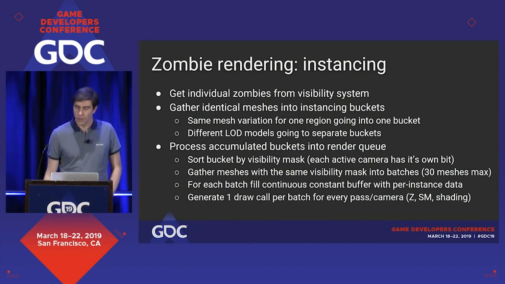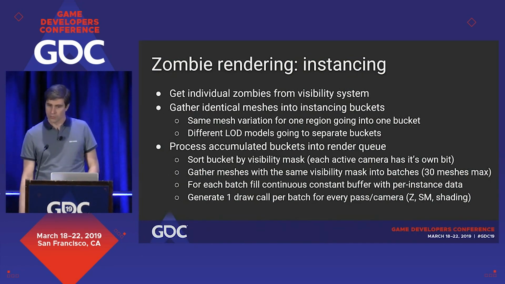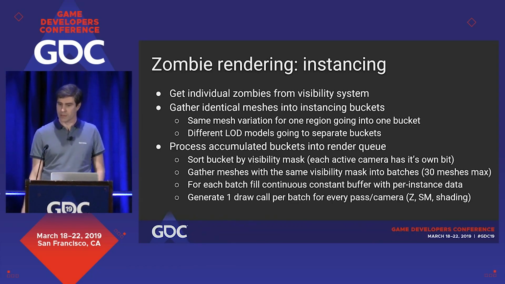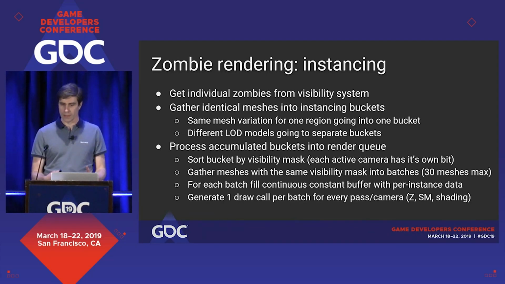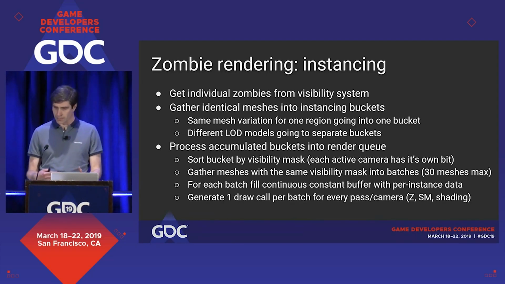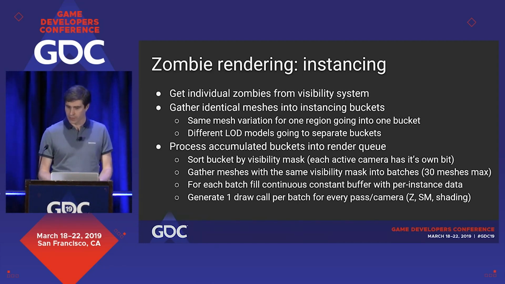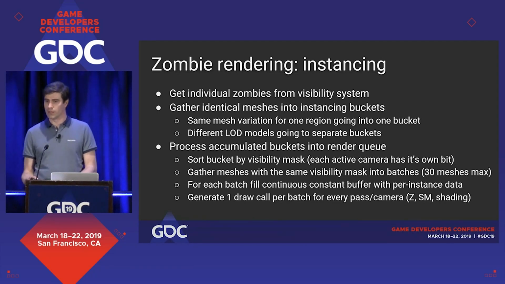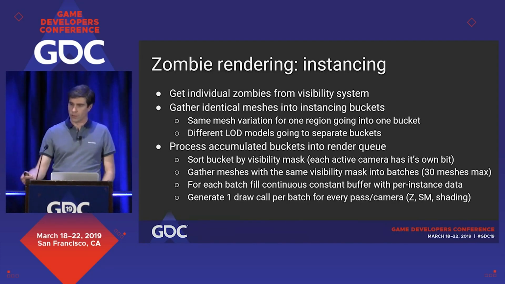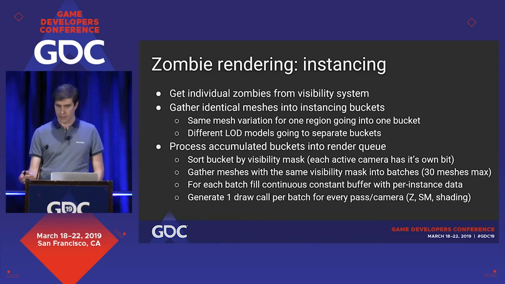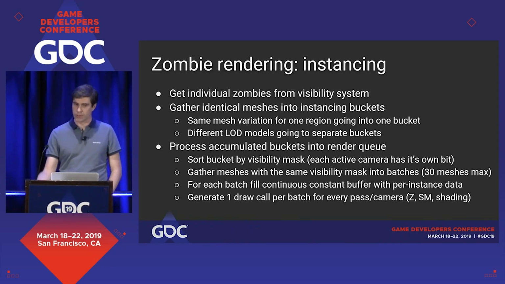All right, now we know how to create this crowd. How do we render this zombie crowd efficiently, and make sure that the customization of zombies does not introduce a lot of inefficiencies in our rendering? So first, as Denise pointed out, we use the visibility system to cull all zombies, and we discard the zombies that are not visible.